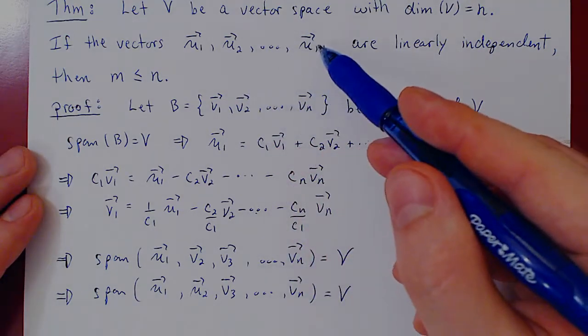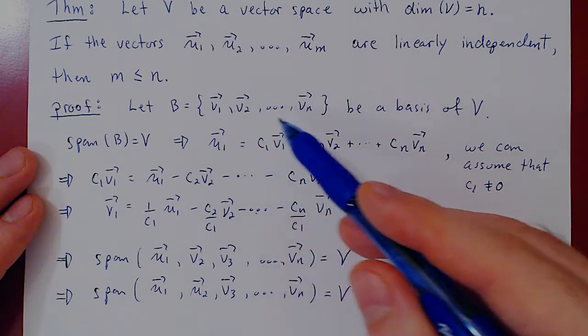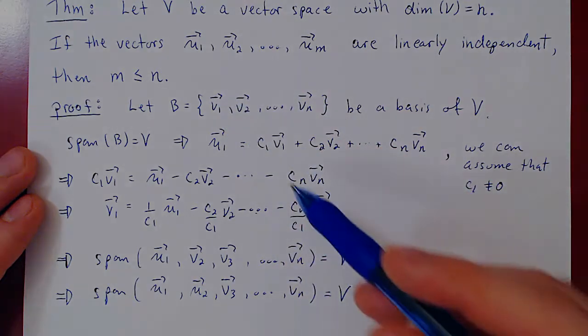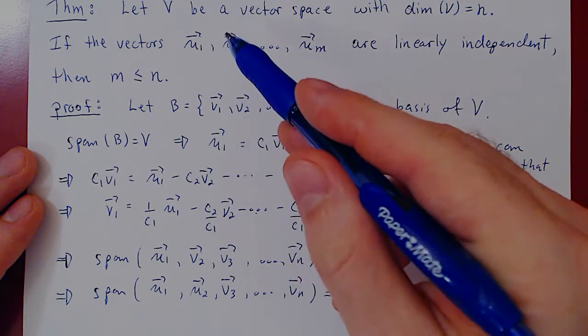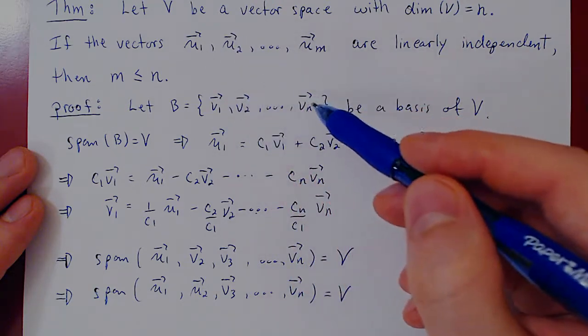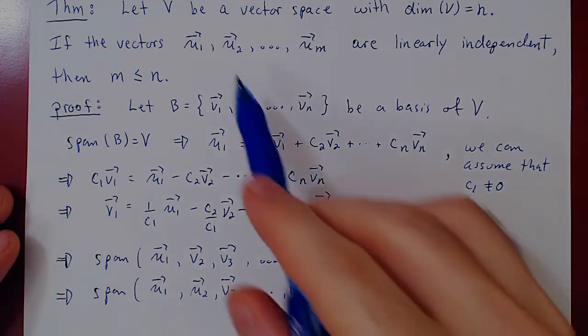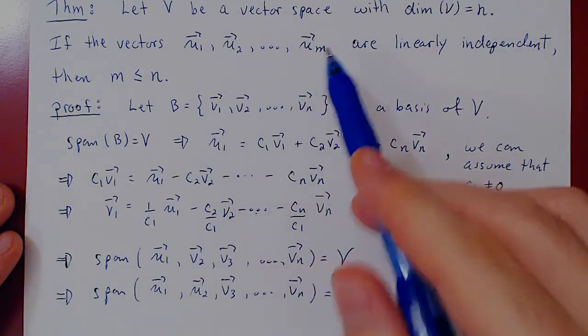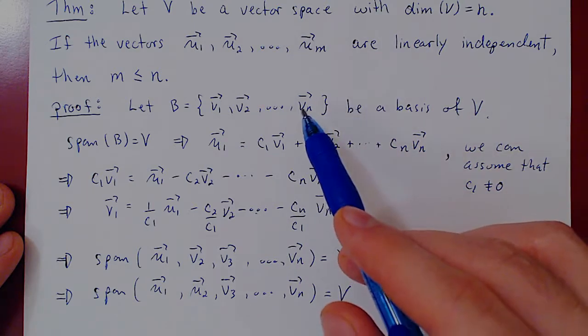And the question is, can we fit all of these vectors into the basis B? Do we have enough v's that we can replace v1 by u1, v2 by u2, and so we won't run out of v's? And again, the idea is, let's assume that we actually run out, that there are more vectors u, so m is strictly bigger than n.